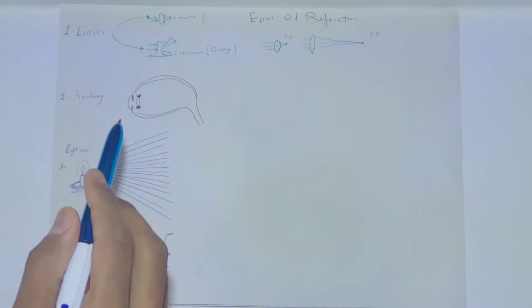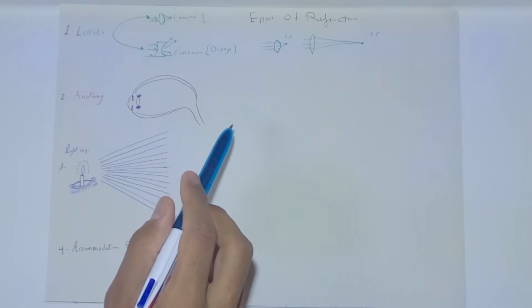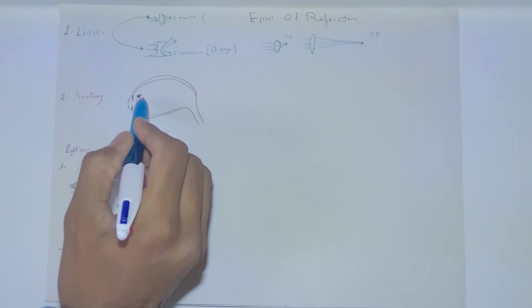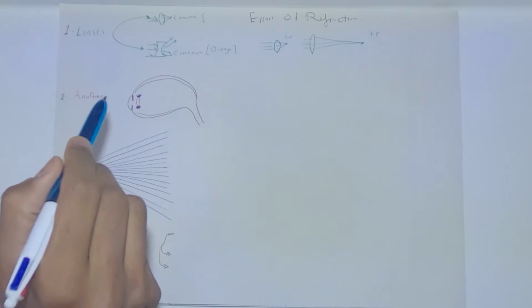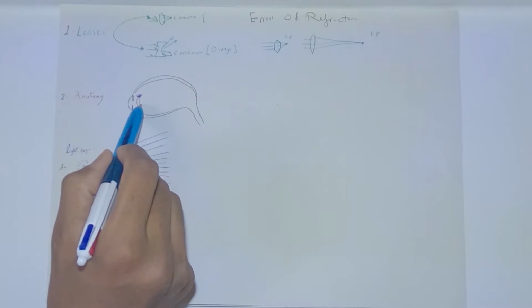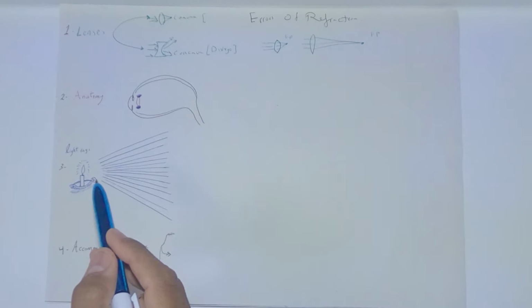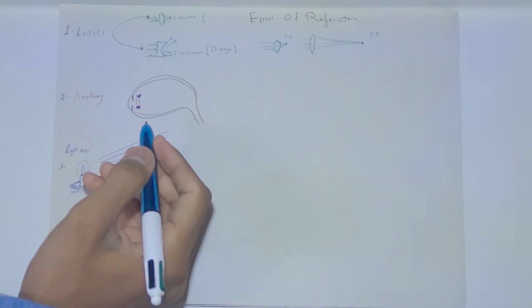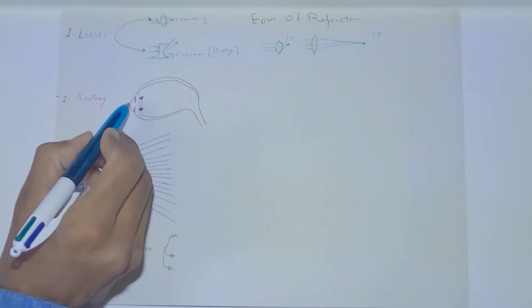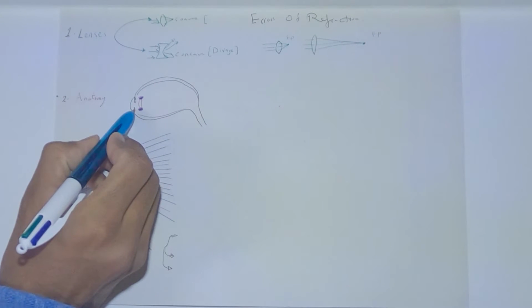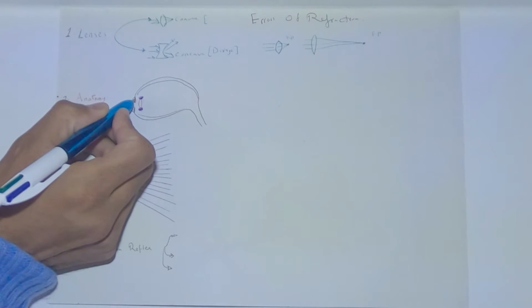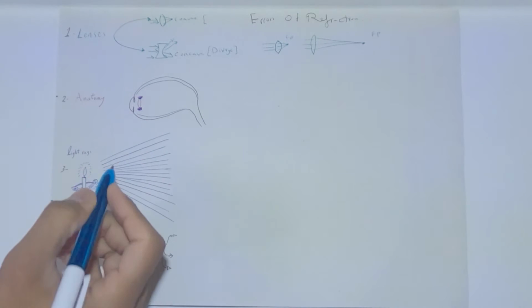Second thing, because the refraction process of the eye is mostly affected by the lens, you need to know more about the anatomy of the lens. So this is the cornea, that's the iris, that's where you see the color of the eye, whether it's blue, green.